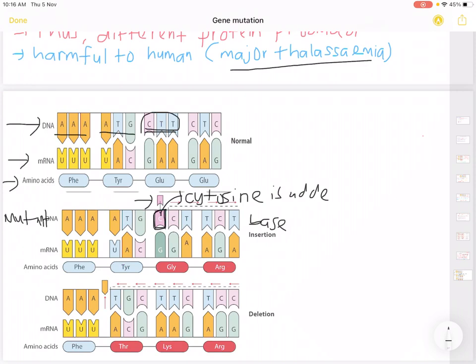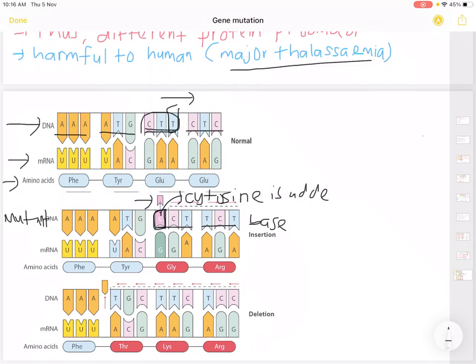So from the sequence of CTT, when we add another cytosine here, we're going to change the reading sequence on the DNA. Instead of CTT, we get CCT. And this T here will be pushed one base away from the sequence. So instead of the CTC, for the next sequence, the thymine will be pushed to this position to become TCT.